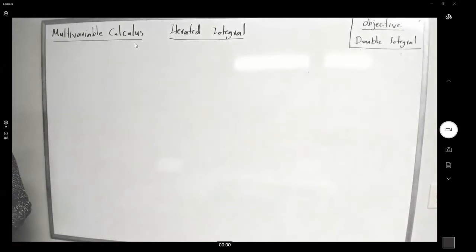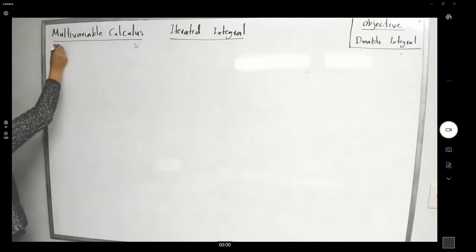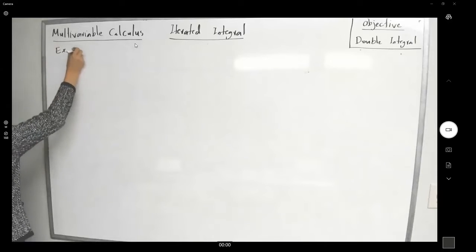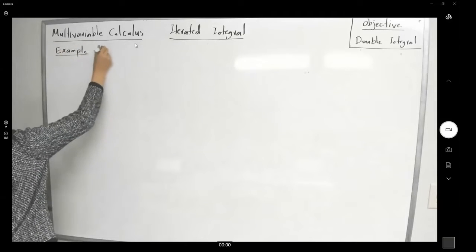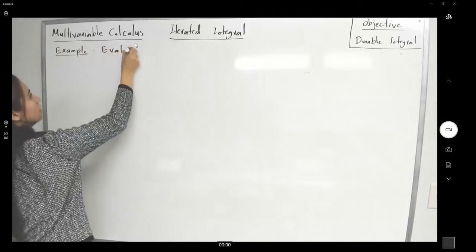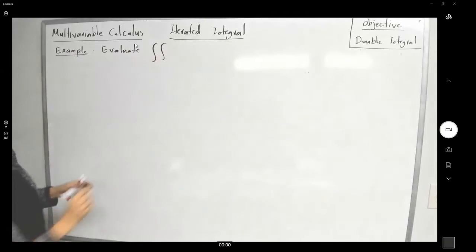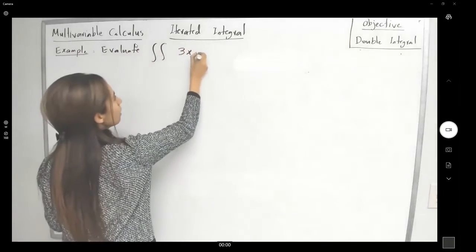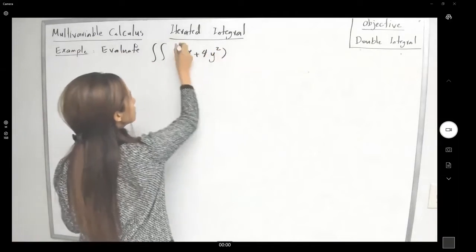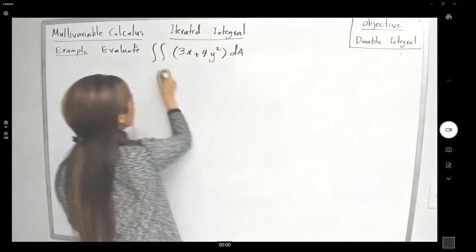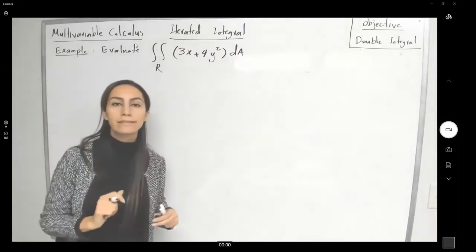It says, evaluate the double integral of 3x plus 4y squared dA over region R, and they define this region this way.